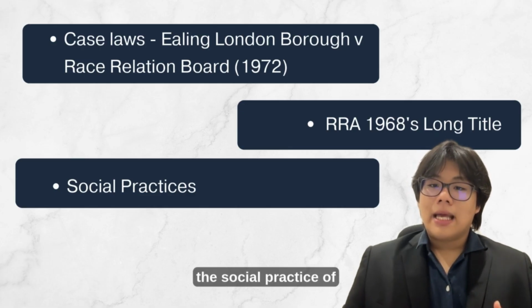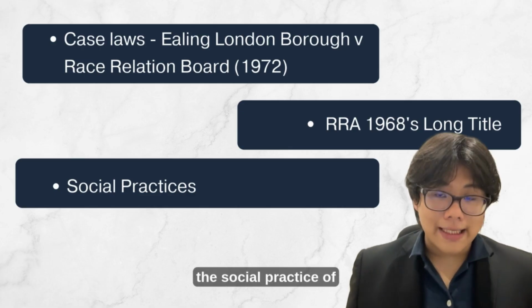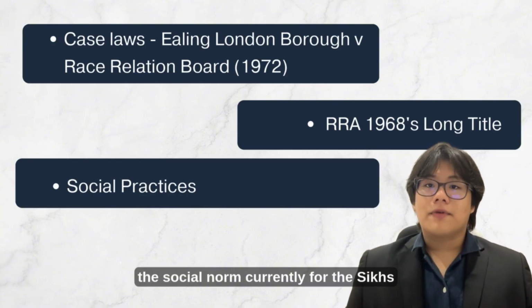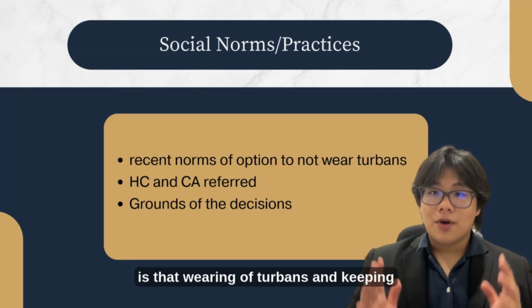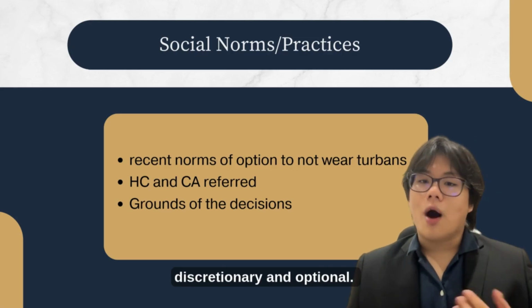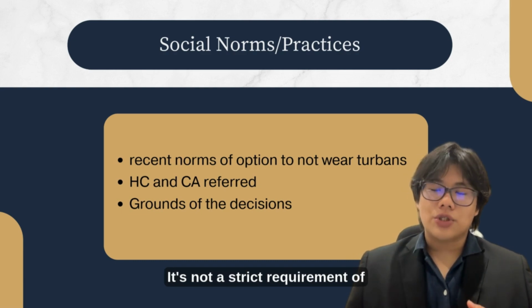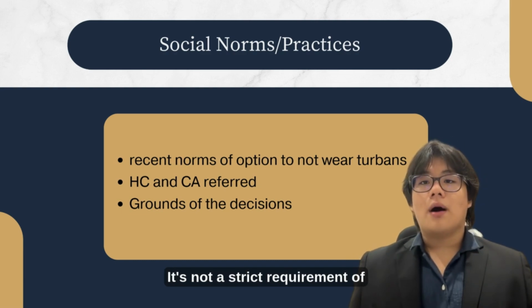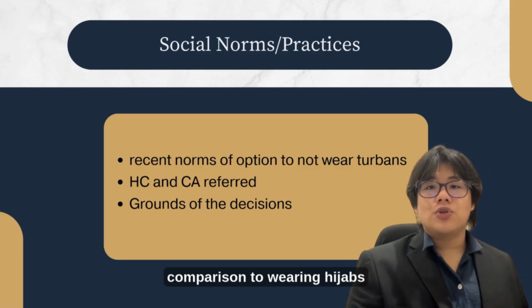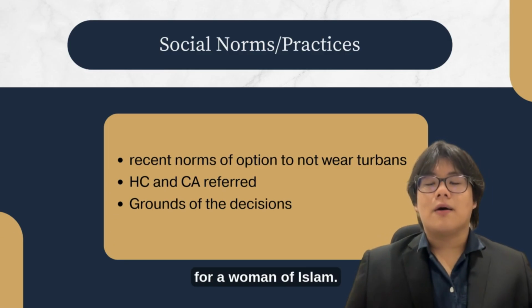Now, finally, the social practice of the Sikhs. The social norm currently for the Sikh is that wearing of turbans and keeping of long hair are more so discretionary and optional. It's not a strict requirement of practicing anymore in comparison to wearing hijabs for women of Islam.